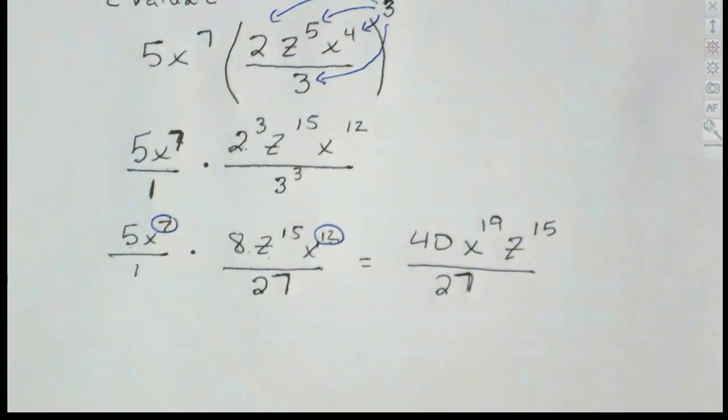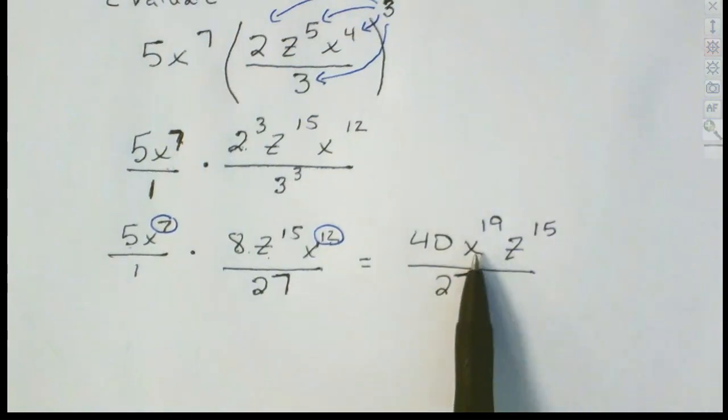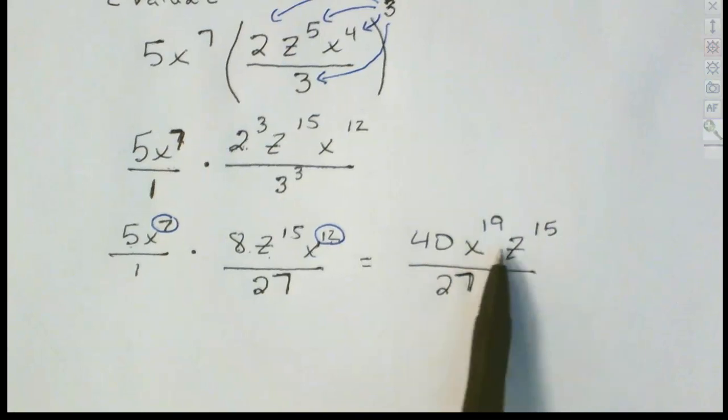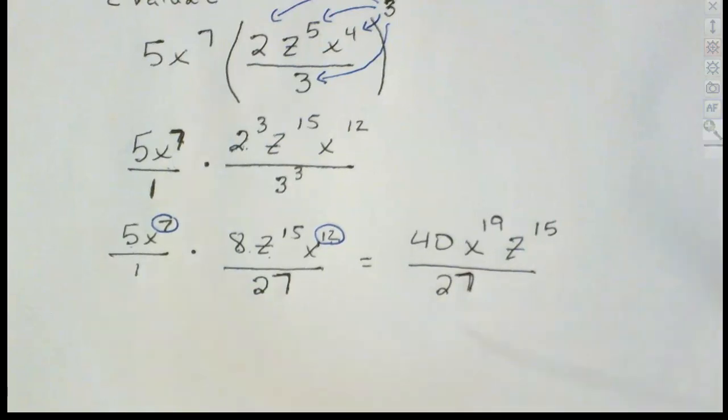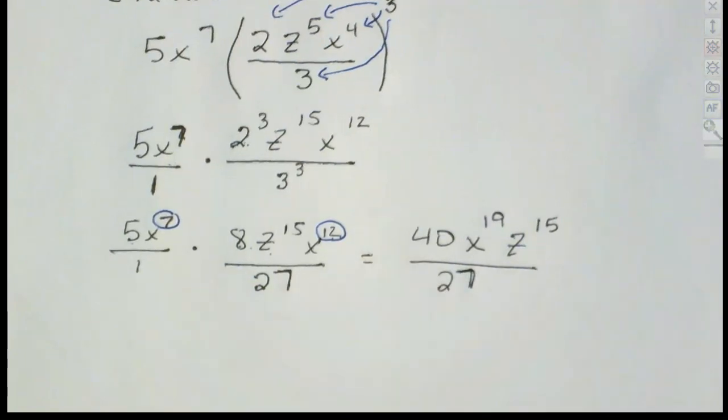Now, how do we know when to stop? Sometimes students get confused as to when am I done? When do I know I've completed this question? Well, first off, all the variables are individual. There's not two x's that we can combine together, right? There's not two z's we can go together. 40 and 27 cannot be reduced down at all, so they're done there.